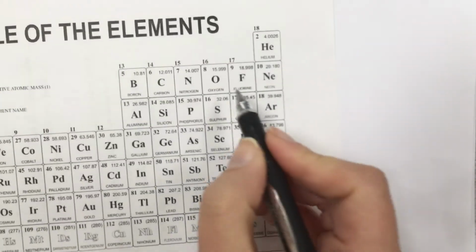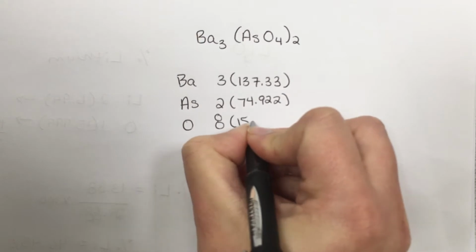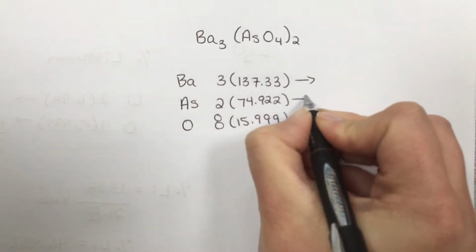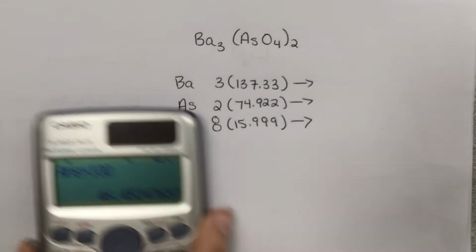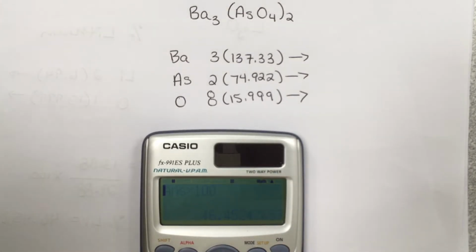And oxygen, 15.999. Okay, so now we just multiply 137.33.